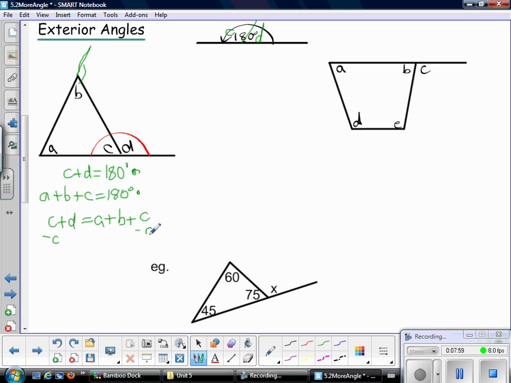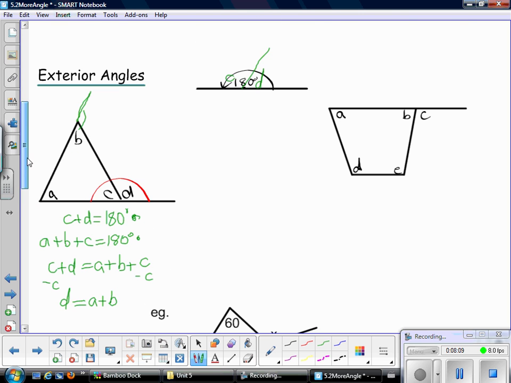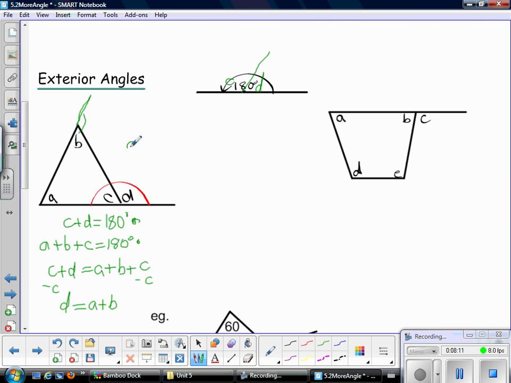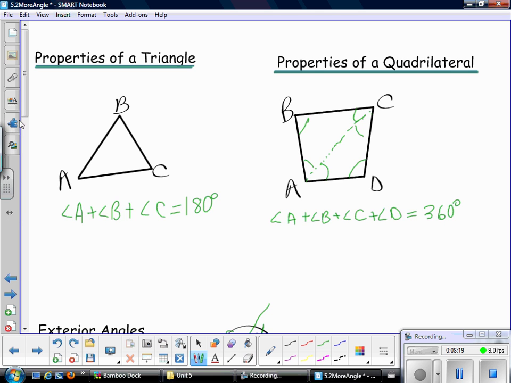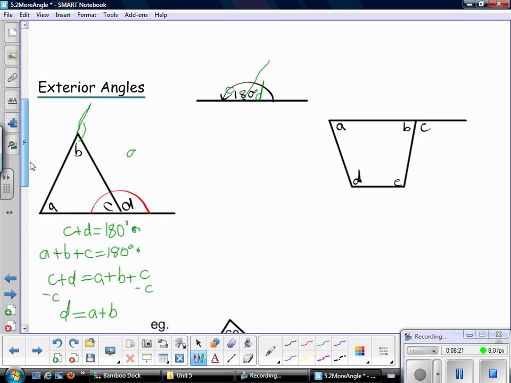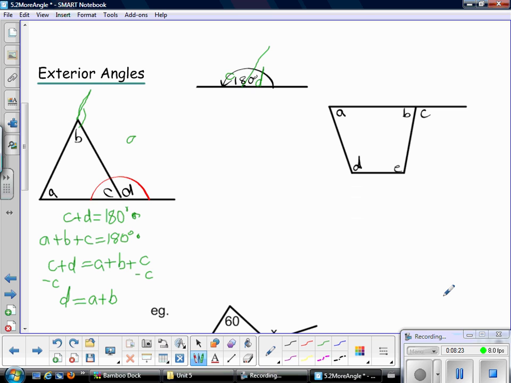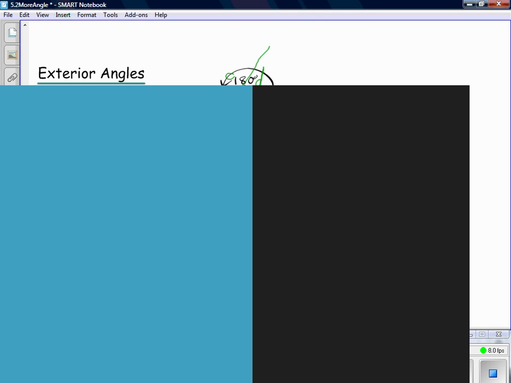And if I subtract C from both sides, I end up with D equals A plus B. So actually, when we're talking about triangles, D here actually equals A plus B.